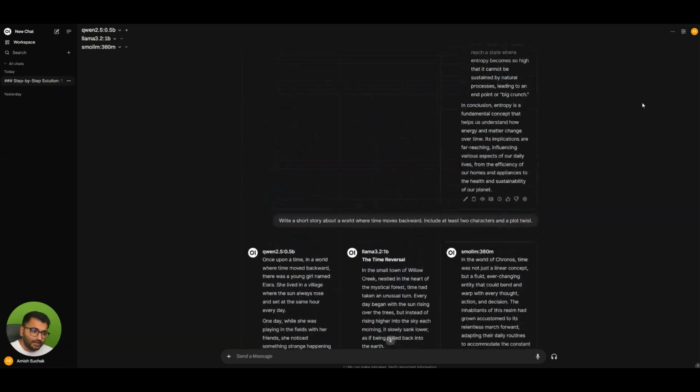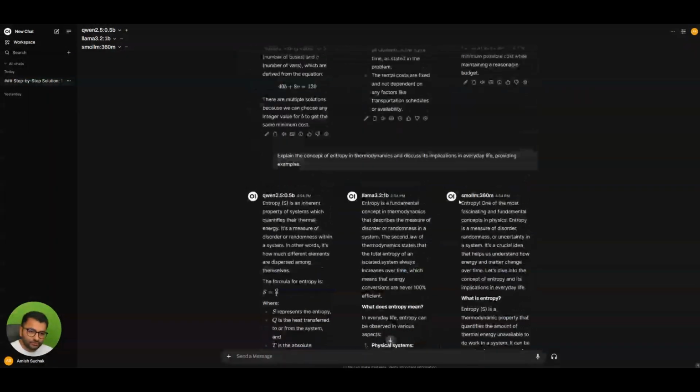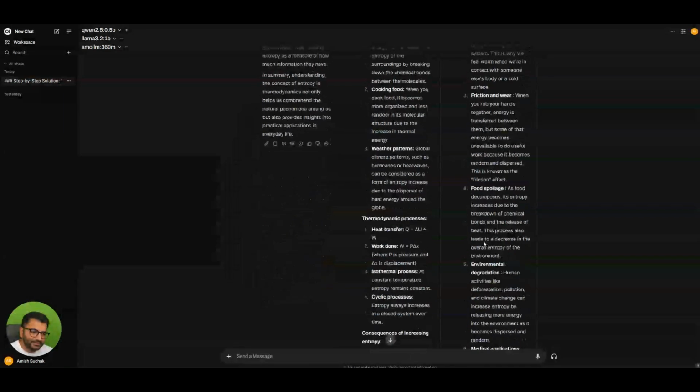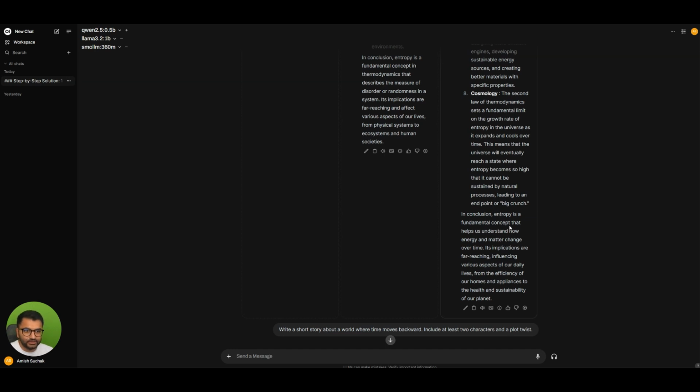But in my personal opinion, for this specific prompt on entropy and thermodynamics and implications in everyday life, the small language model did one of the best jobs at explaining thermodynamics and also giving a lot more practical examples and how it could be applied in the real world.